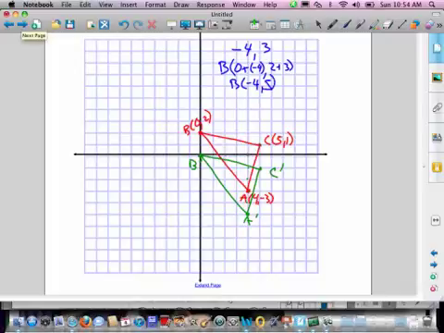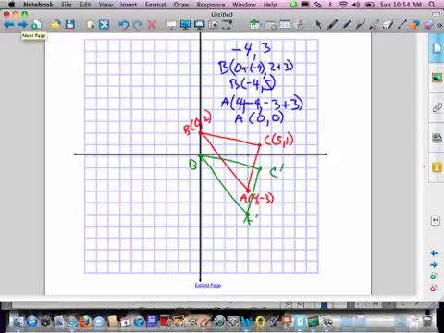Okay, for A, and once again, I'm just doing this backwards, I guess. For A, we're going to get 4 plus negative 4, and negative 3 plus 3. So we're going to get A at 0, 0.